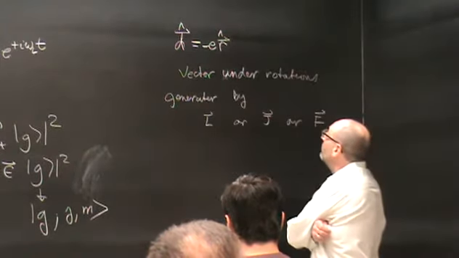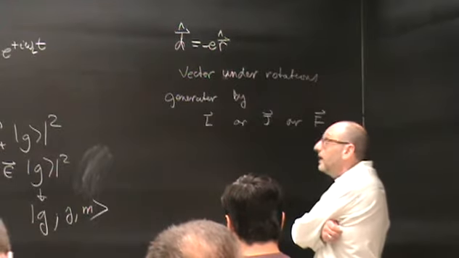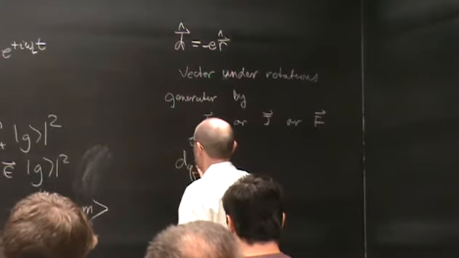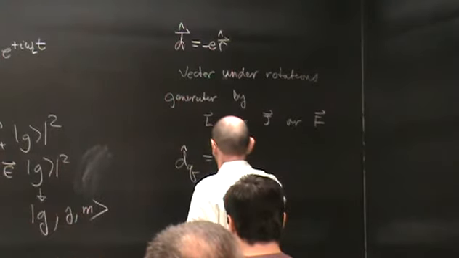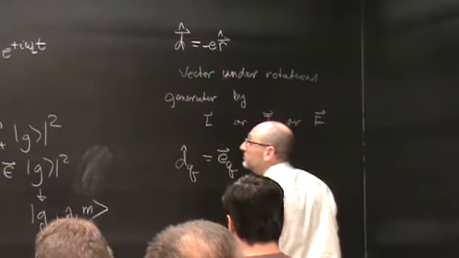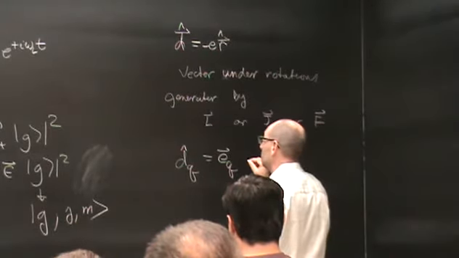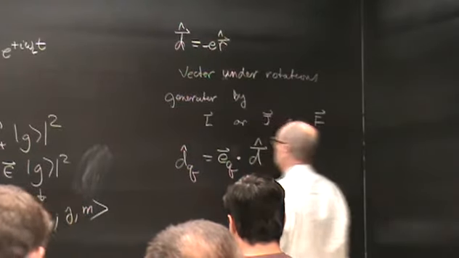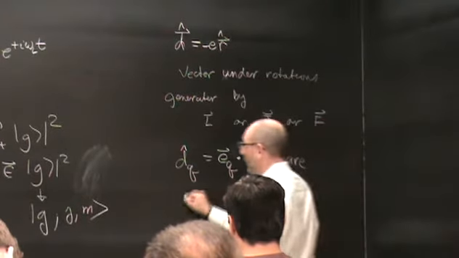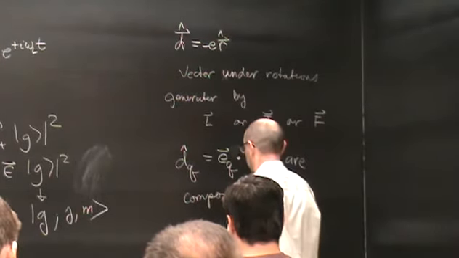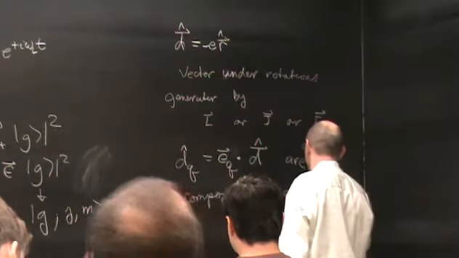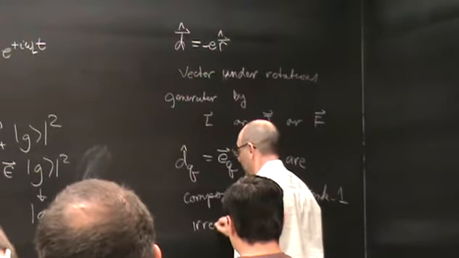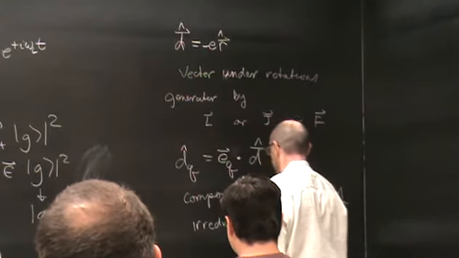So what that means is that the components d_q are components of a rank 1 irreducible tensor.